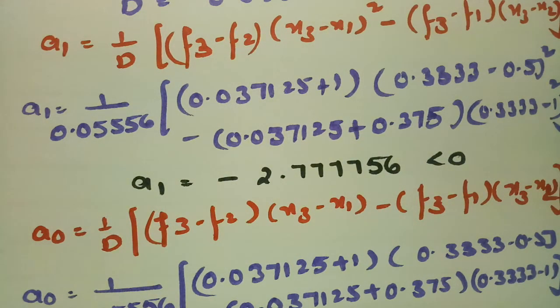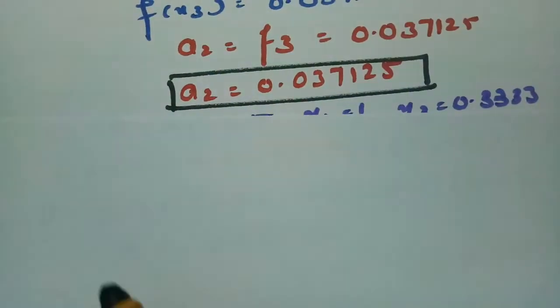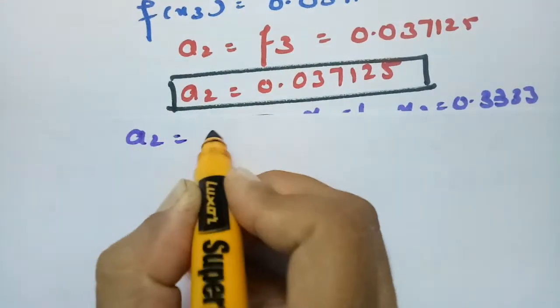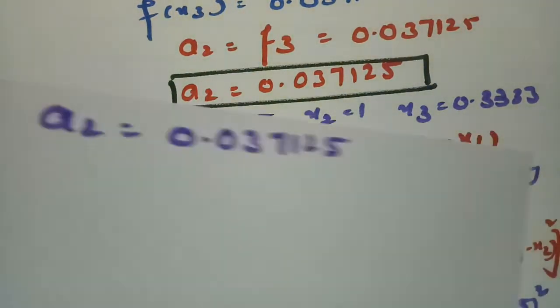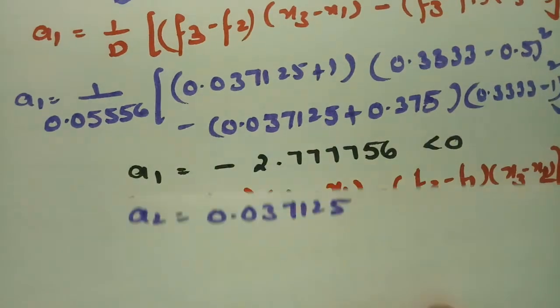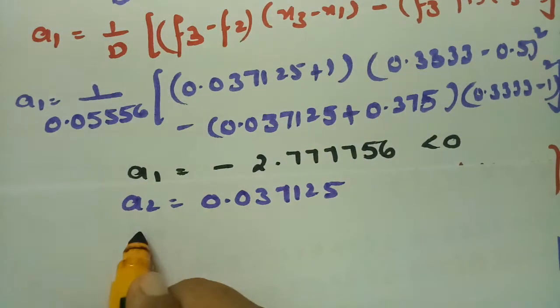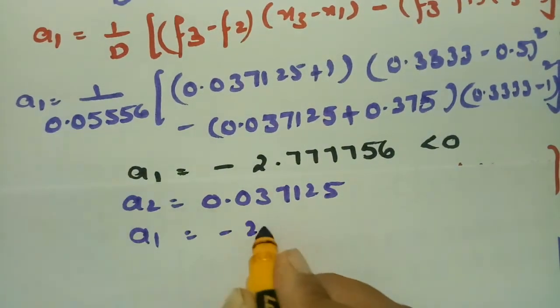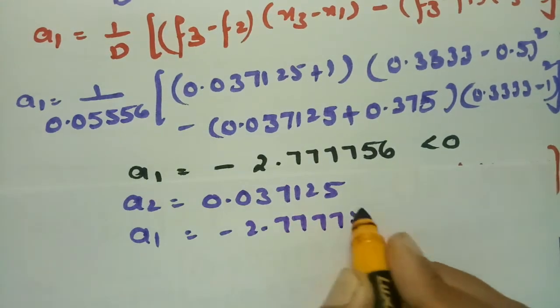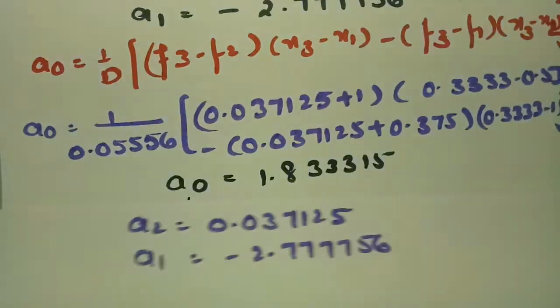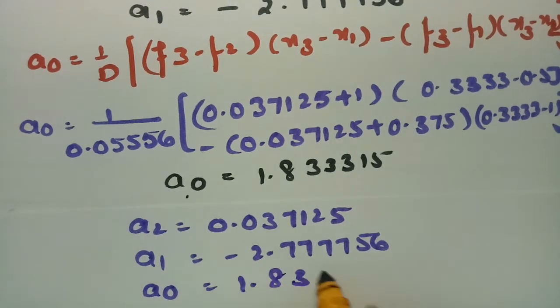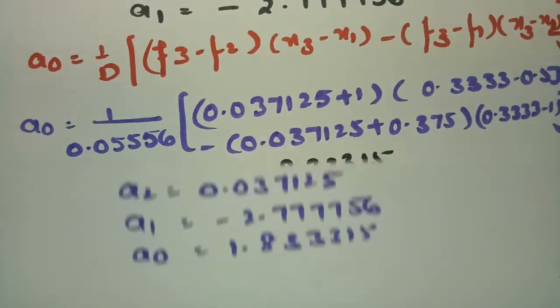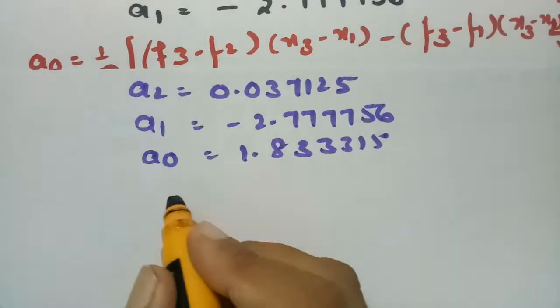See here, our A0, A1, A2 values are these. What is A2 value? A2 is equal to 0.037125, and next A1. A1 value is equal to minus 2.777756, and next A0 value. So A0 is equal to 1.83315, and next X3 value.